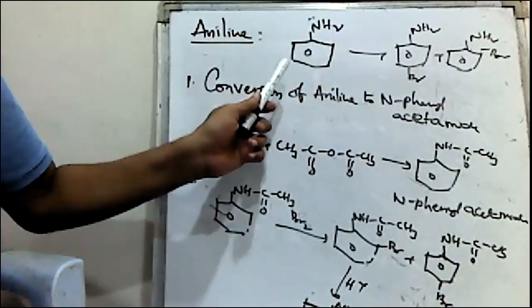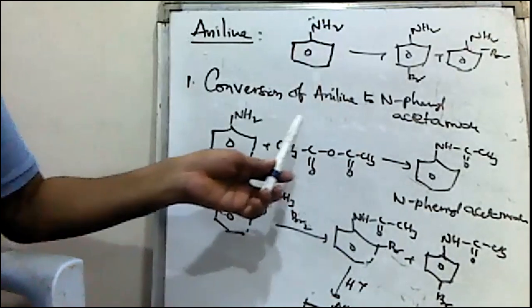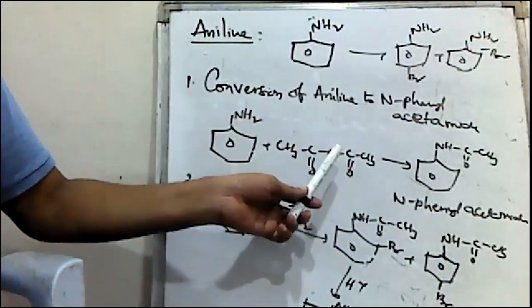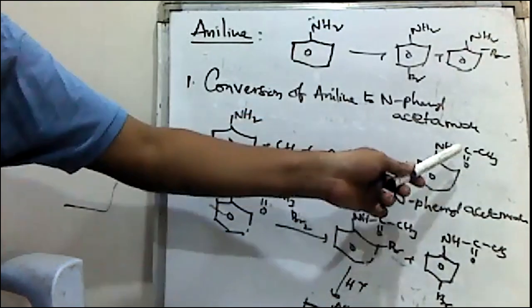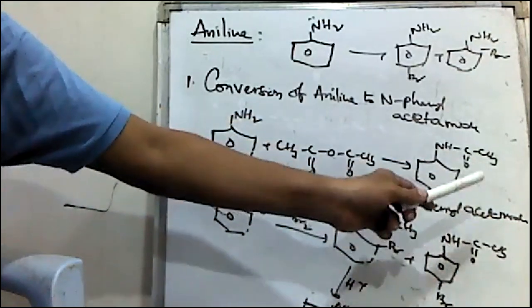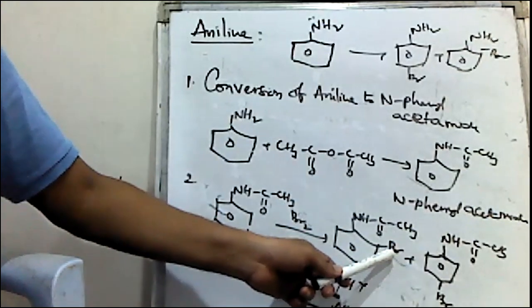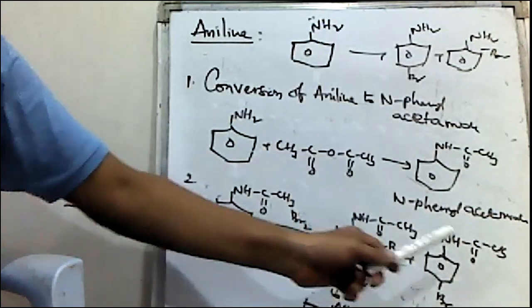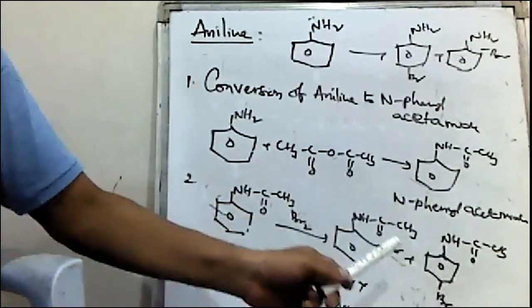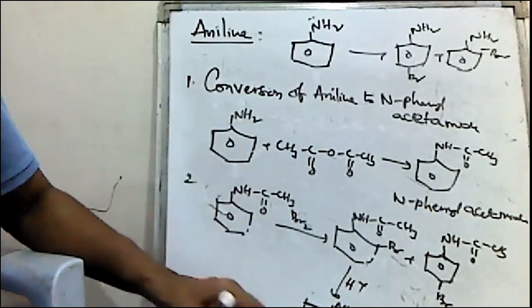This can be done by acetylation of aniline. Aniline on reaction with either acetic anhydride or acetyl chloride forms N-phenylacetamide. This N-phenylacetamide on bromination forms the ortho-bromo product and para-bromo product, which on further hydrolysis give ortho-bromoaniline and para-bromoaniline.